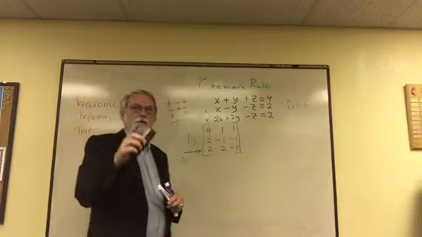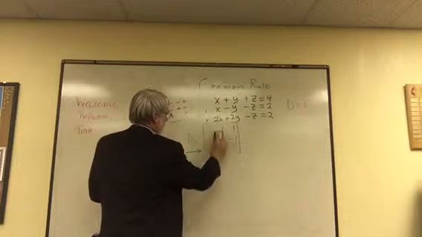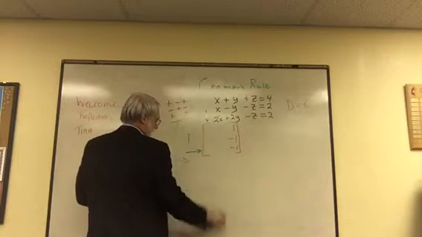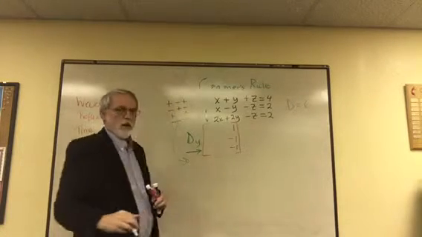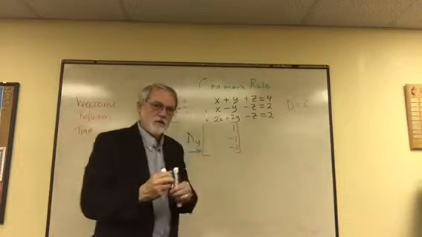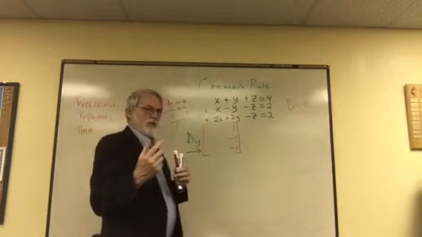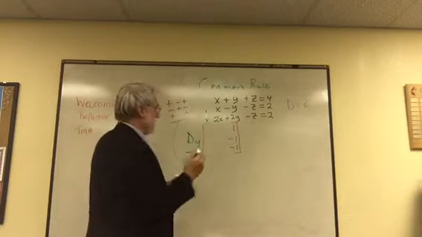Now we're going to solve for y. When you solve for y, what you're going to do is replace the y coefficients with the constant terms and leave the other coefficients the same.